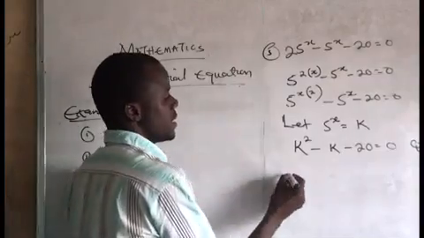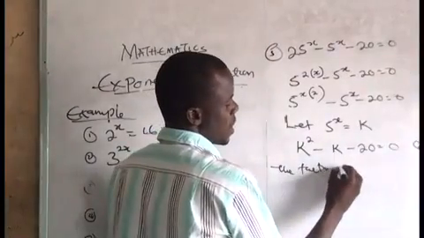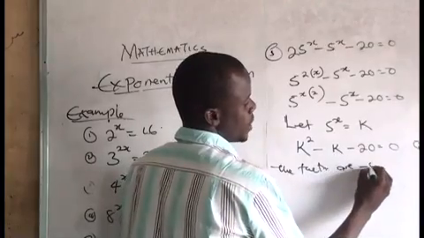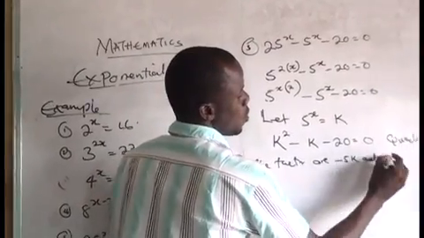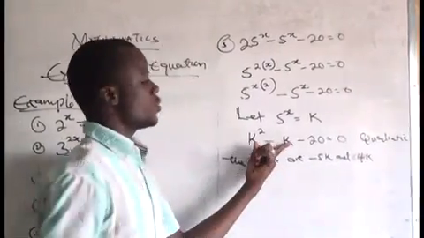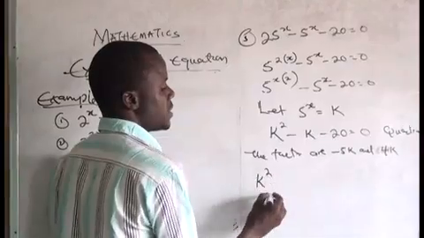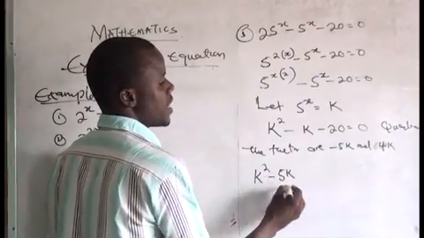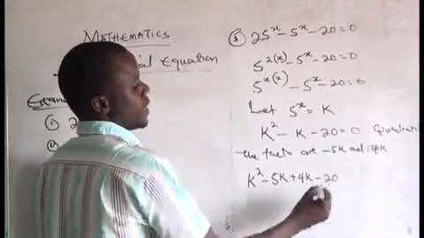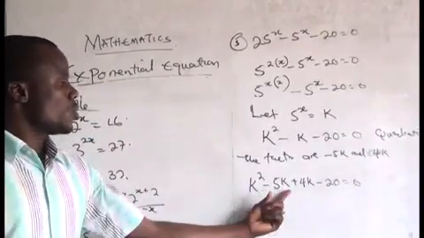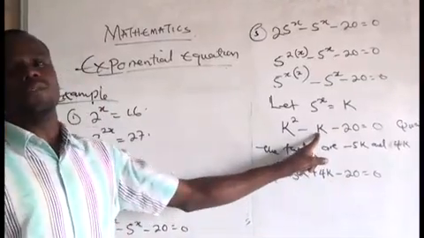So here we say the factors are minus 5k and 4k. So we now expand what is here at the middle. Then we say k squared minus 5k plus 4k minus 20 equals 0.